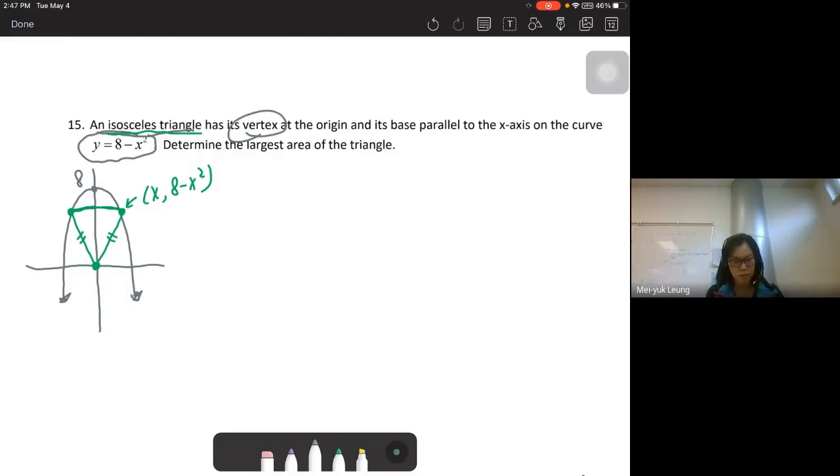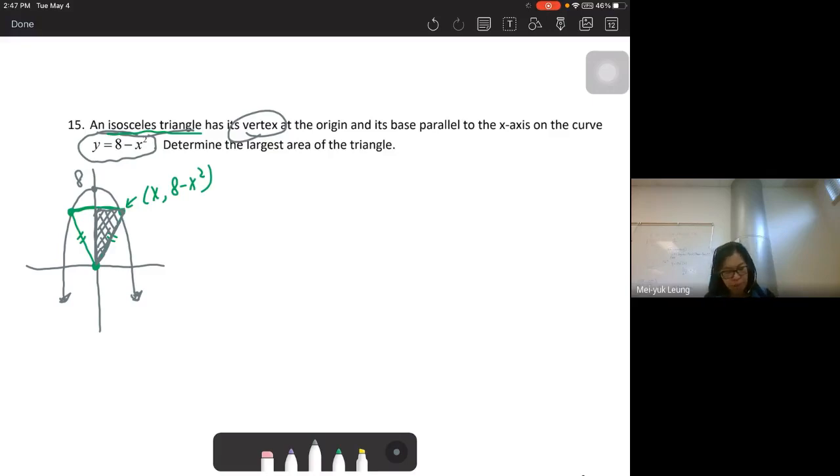Now, I don't need to find the entire triangle. If I find the largest possible triangle area on the positive side in the first quadrant, I'm still able to find the x value that gives me the largest area of this half of the triangle.